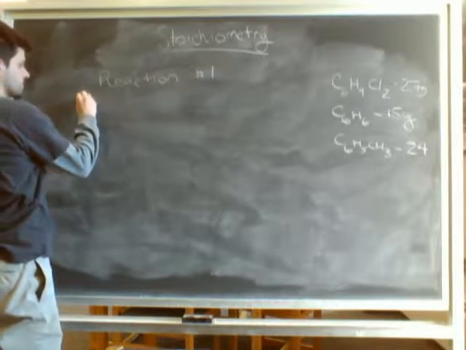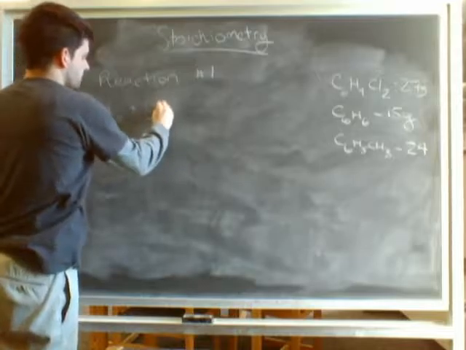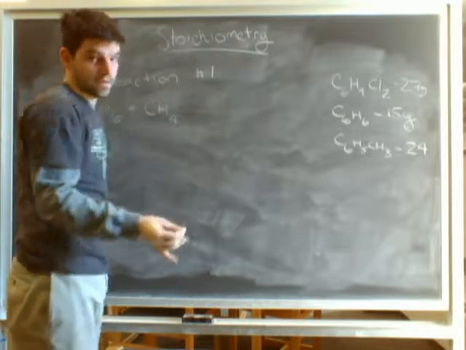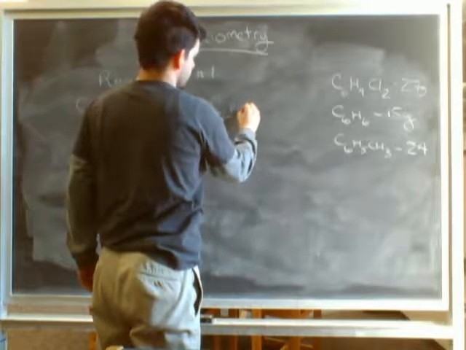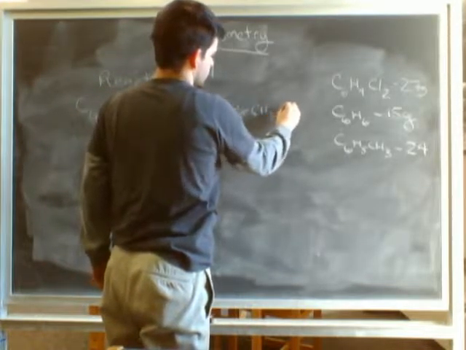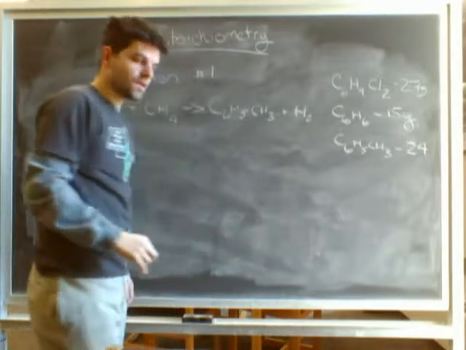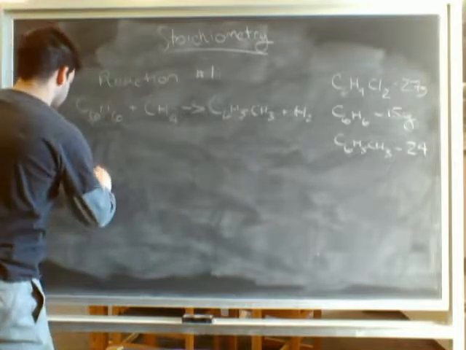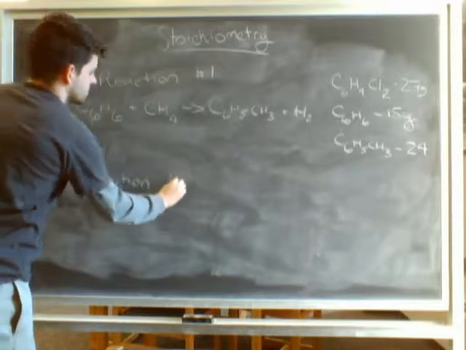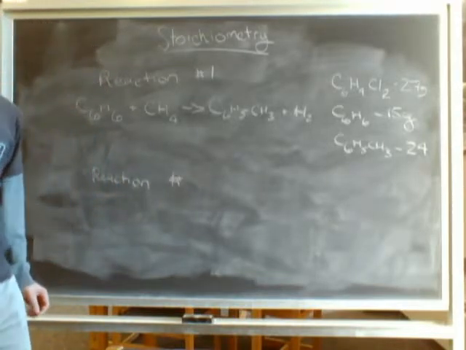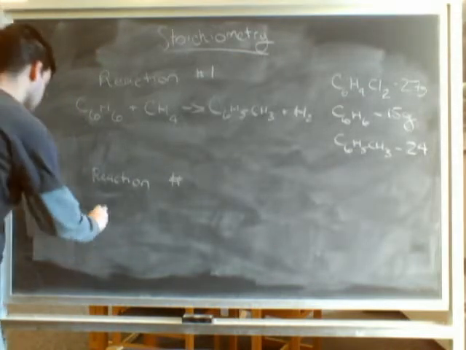So the first reaction we'll take is he took C6H6, combined it with CH4, which is methane, and created C6H5CH3 plus H2. Okay. The second reaction we're going to look at is the reaction of C6H6 plus chlorine gas to create dichlorobenzene.